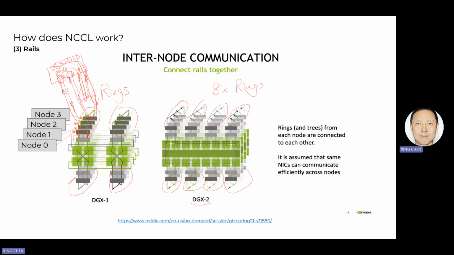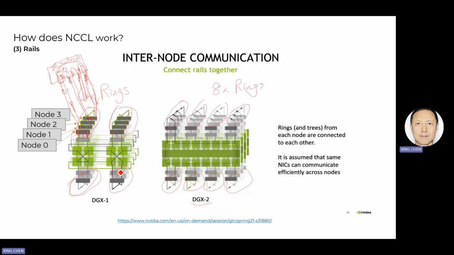Okay, but here these 4 NICs are going to communicate with each other, and this NIC won't communicate with the others. It won't communicate with the NIC of this ring, and it won't communicate with the NIC of this other ring.